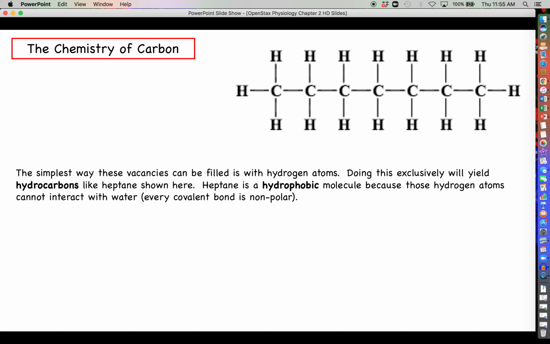It's not going to like interacting with water because every single covalent bond surrounding the carbon skeleton is non-polar, and water is a very polar molecule, you will recall.